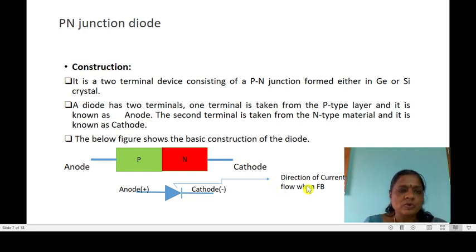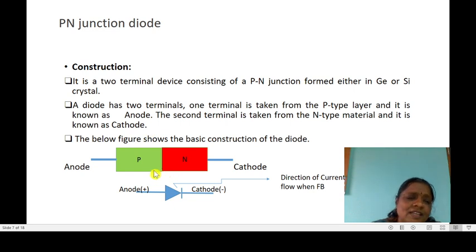Now let us move to the first point in this session, that is construction of the PN junction diode. Here, construction means what? We are not going to build any building here. We are just constructing a PN junction diode. In the last class we studied that the P and N junction is made of either germanium or silicon, which are semiconductor materials.